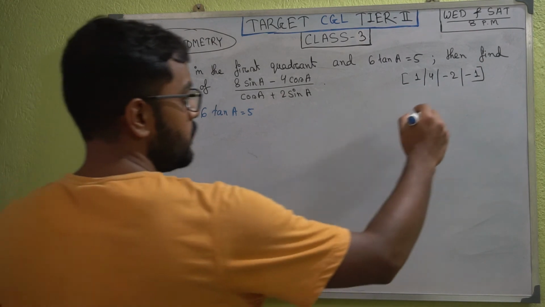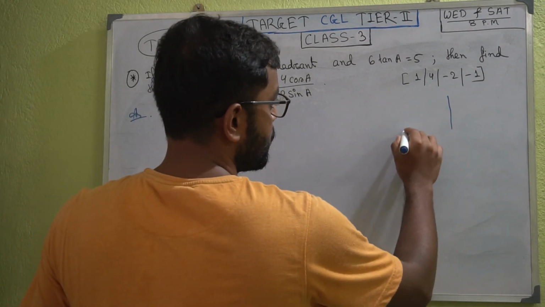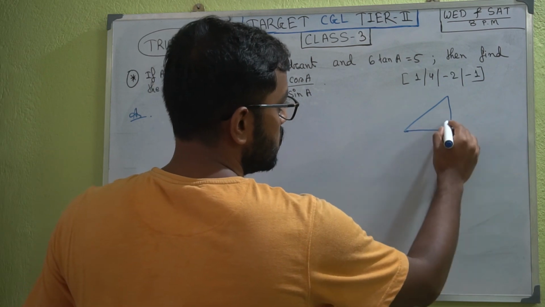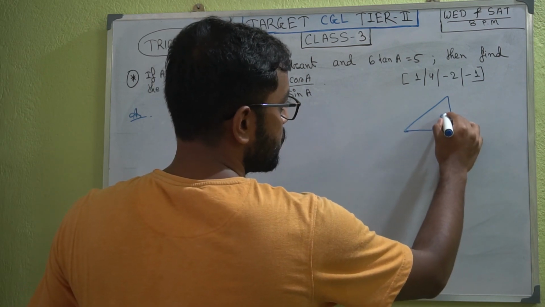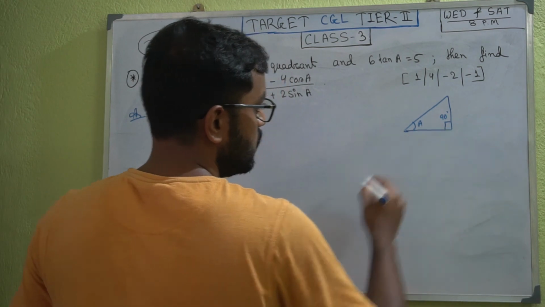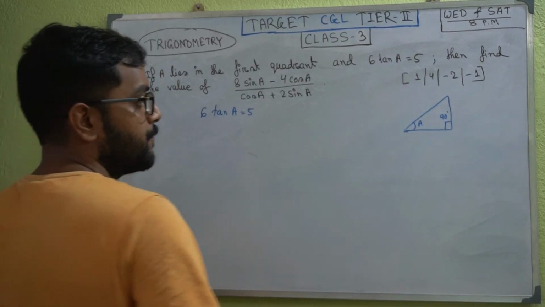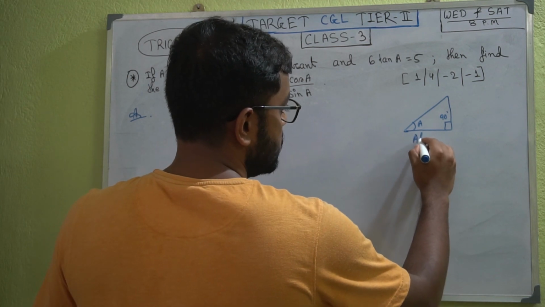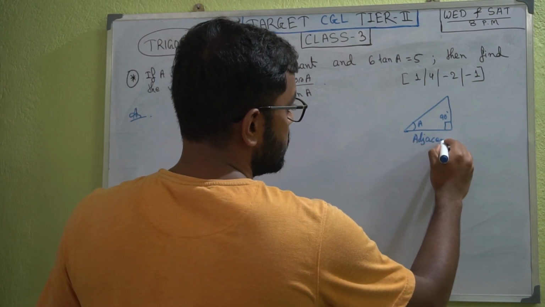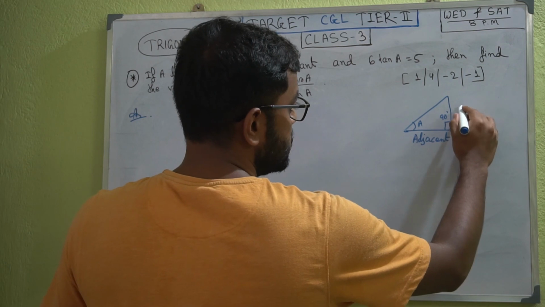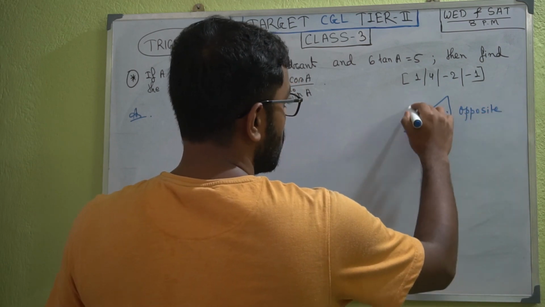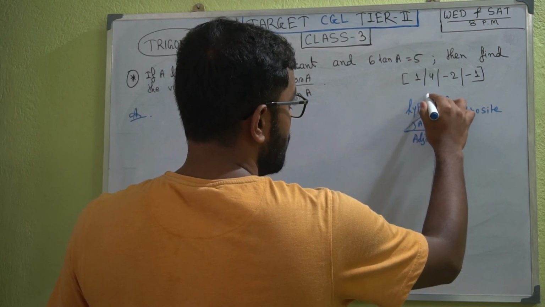Okay, so we can say if it is a right angle triangle, it is 90 degree and it is the angle A, then in this figure this side is adjacent side or base, it is the opposite side, that is perpendicular, and it is hypotenuse.